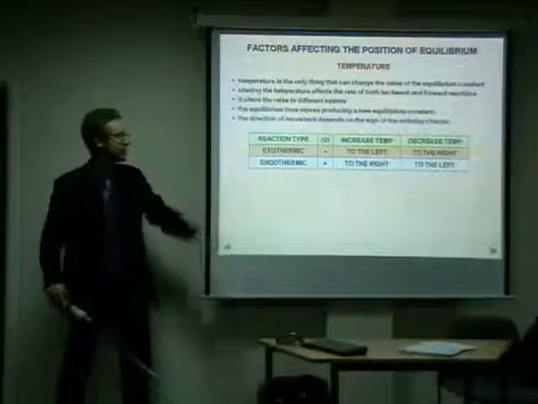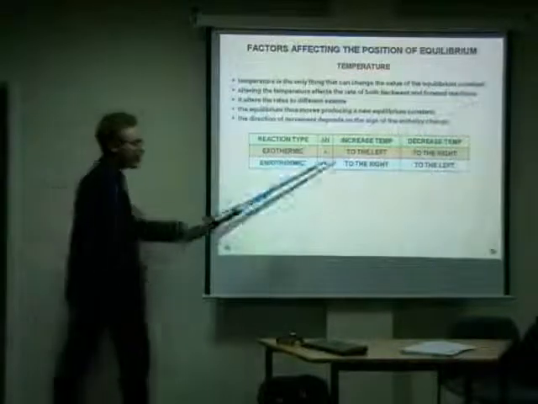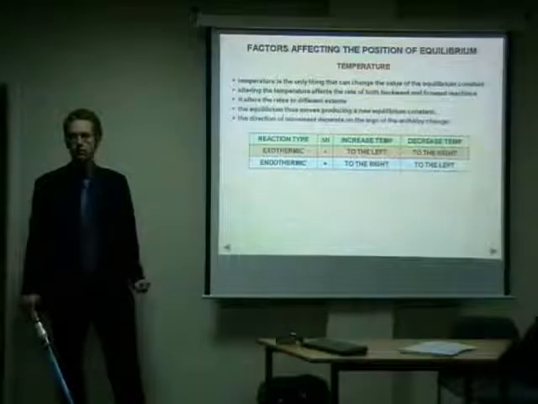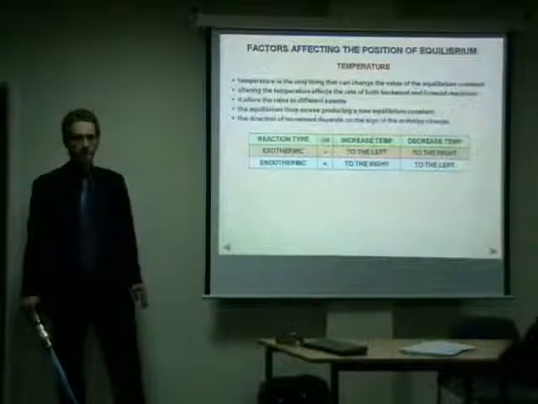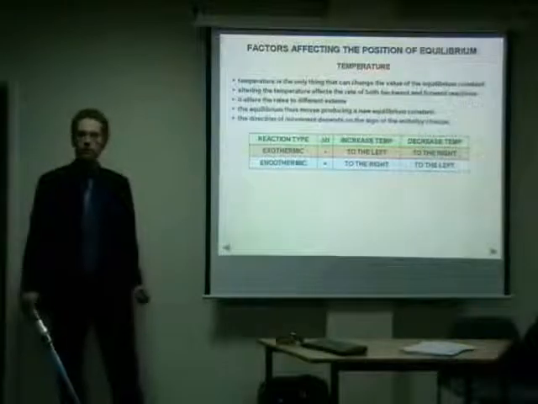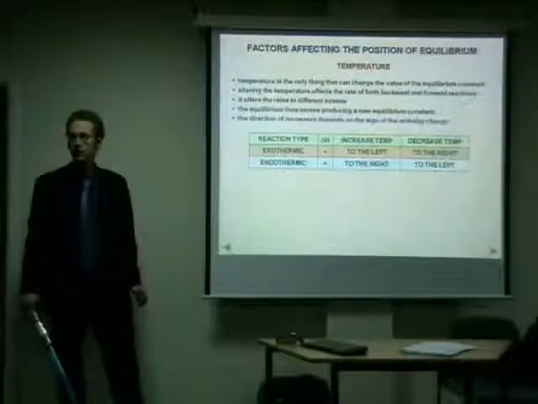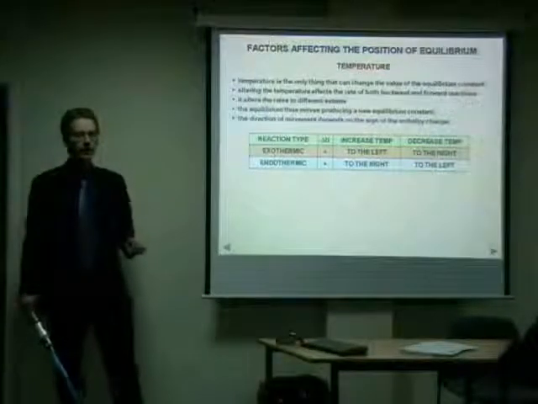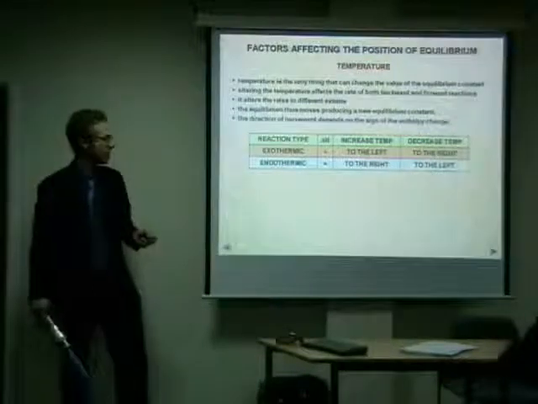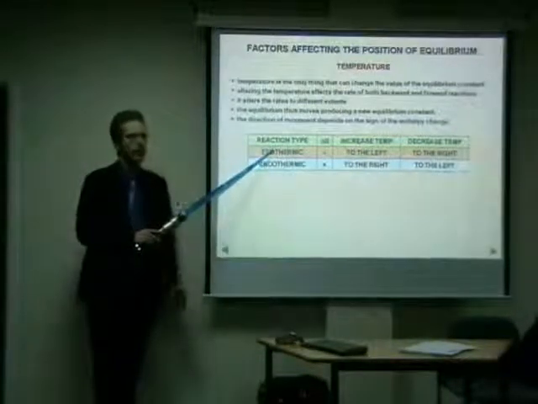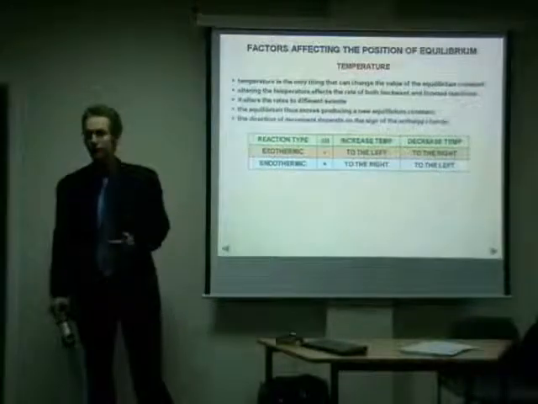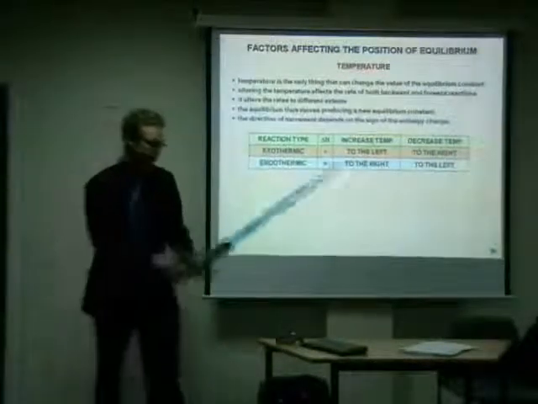So if the forward reaction is endothermic and you heat it up, it will move to the right. Got it? I'm seeing quite a few nods, and a few people sort of snoozing now. This is not particularly hard, but it's very fiddly, and it's very easy to get it wrong. So, the reaction is exothermic, and you heat it up, it will move in the endothermic direction, which is the backwards reaction, and therefore it will go left.